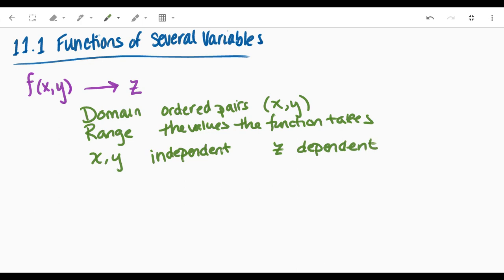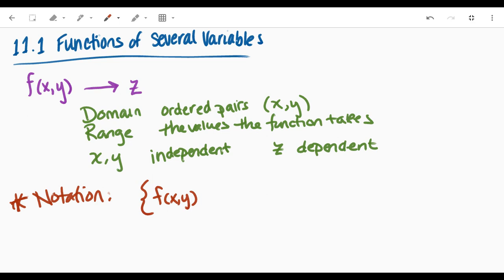Okay, some notation that you'll see that you might not have seen before. A little notation alert here. You will often see the domain written in set notation. I think the book introduces it this way.